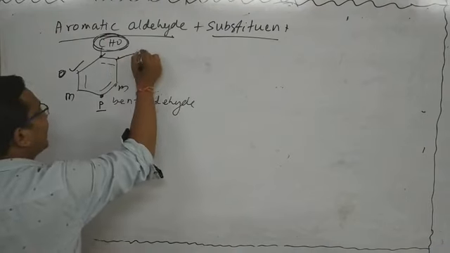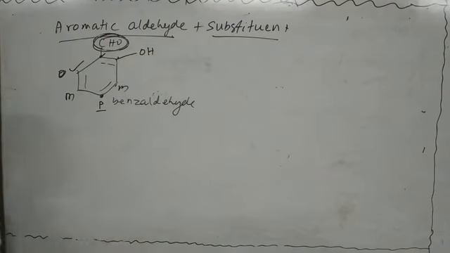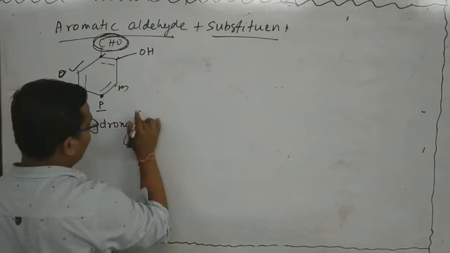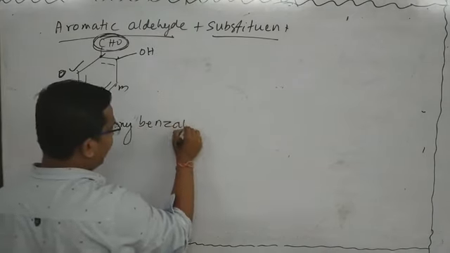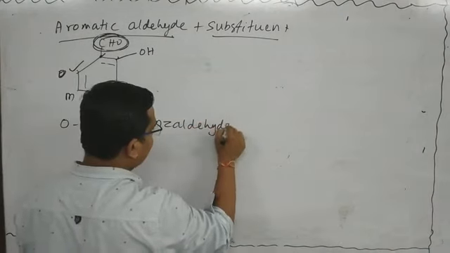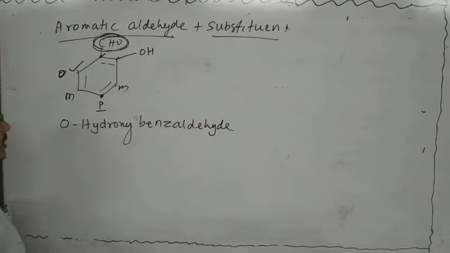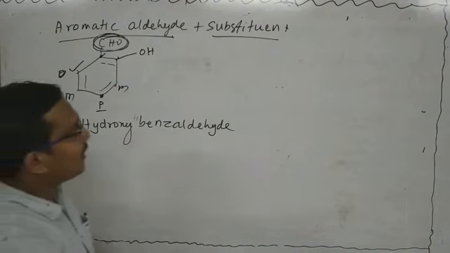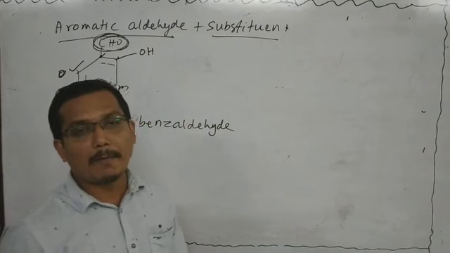Suppose OH is present here, then what will be the name of this compound? That is orthohydroxy benzaldehyde. Such type of naming was already covered in the first year course.